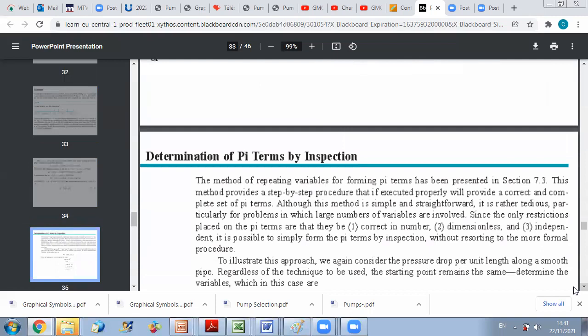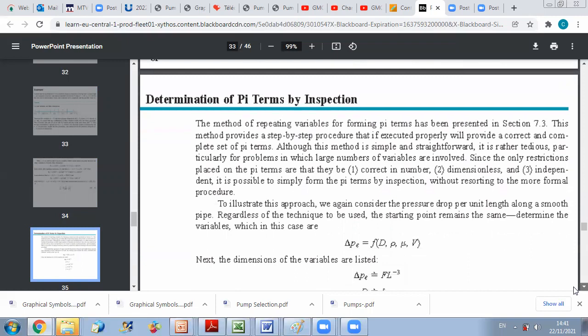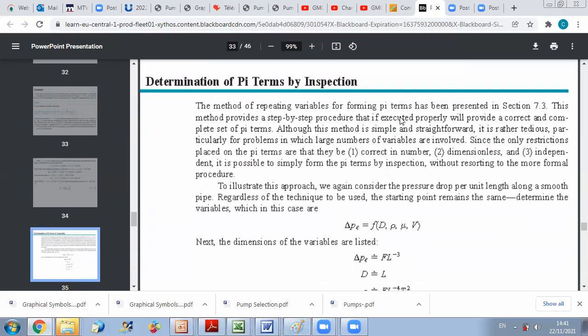So the second method to determine pi groups is the inspection method. The method of repeating variables for forming pi terms has been presented in section 7.c. This method provides a step-by-step procedure that, if executed properly, will provide a correct and complete set of pi terms. This is what we saw together.